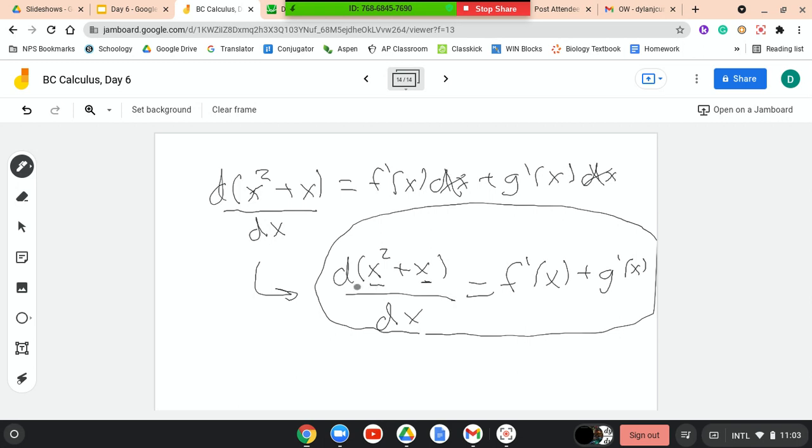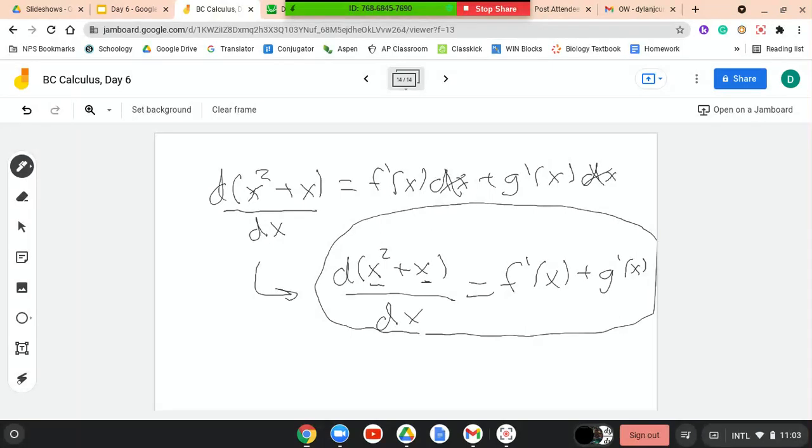And although we used a concrete example here, you could do the same thing and generalize the two functions and do the same process, and you get the same thing. If you add two functions together, the derivative of their sum is just the sum of their derivatives. That's a mouthful, but that's what this is saying. That makes sense. I'm with that.